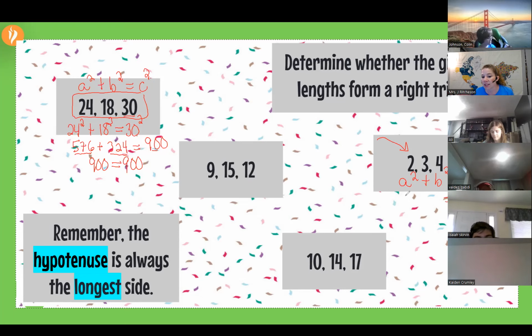The other two numbers, it doesn't matter if it's A or B, but you're going to use both of them. So then you do what it says. 2 squared is 4. 3 times 3 is 9. And 4 times 4 is 16. This statement is not true. That means these numbers cannot form a right triangle.